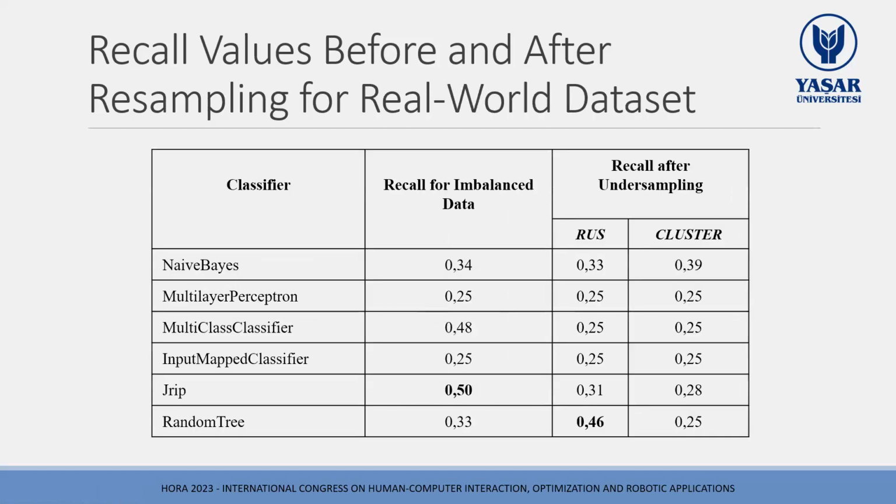If we move to another slide, here are the real-world dataset results. This table provides an overview of these results, and the JRip algorithm stands out as the best performer on the imbalanced real-world dataset.